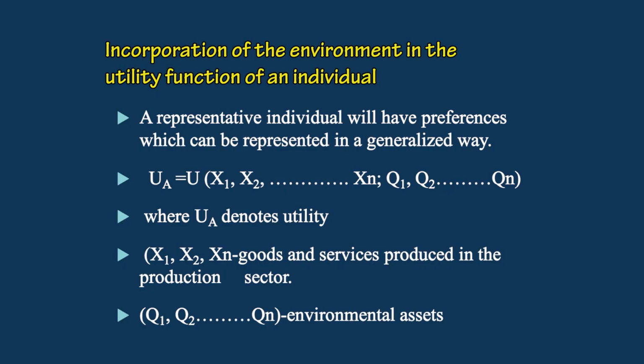For example, let us take a utility function where we have normal goods and services which are shown by x1, x2, xn, and qi's, q1, q2, qn, where xi's are the normal goods and services and qi's are the environmental assets. UA denotes the utility of individuals.